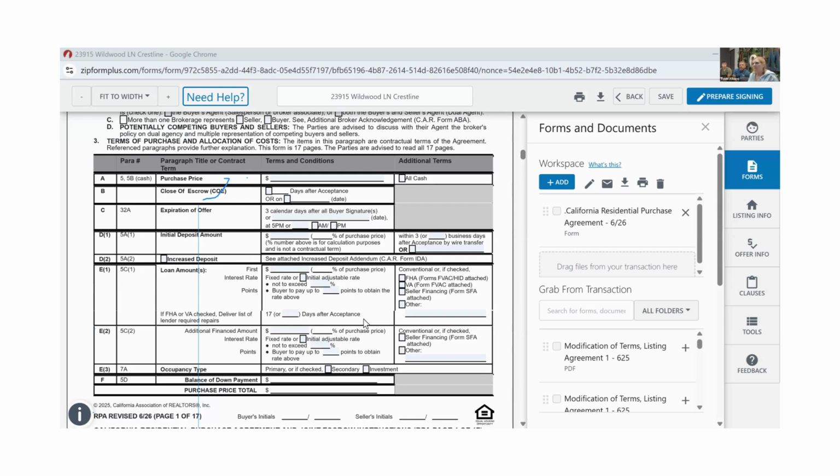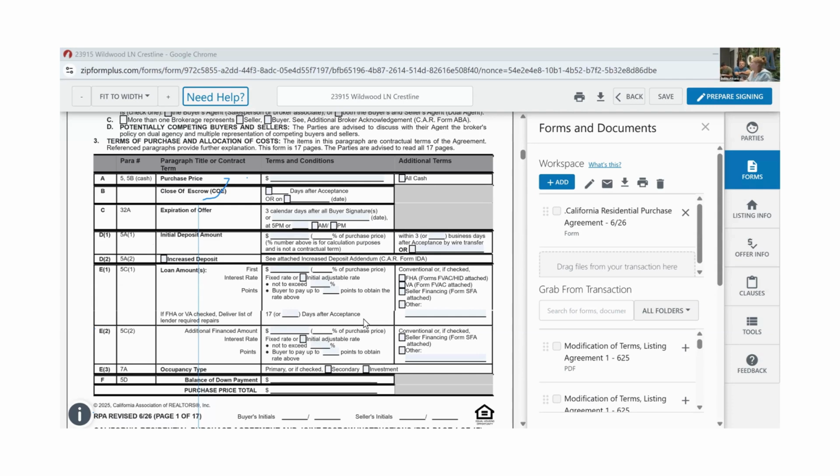Because when timelines are missed, when the contingency removal date has passed for your inspection, and then it passes for the appraisal, and then it passes for the loan, and the contract's not being kept compliant either with an extension or the removal itself, then things could get really messy.